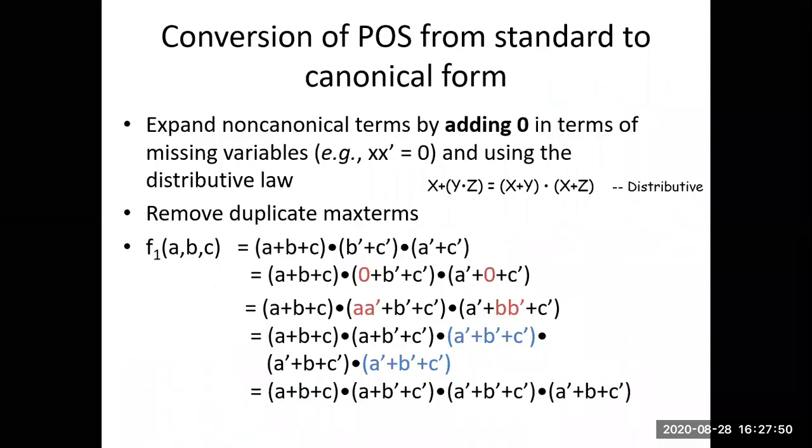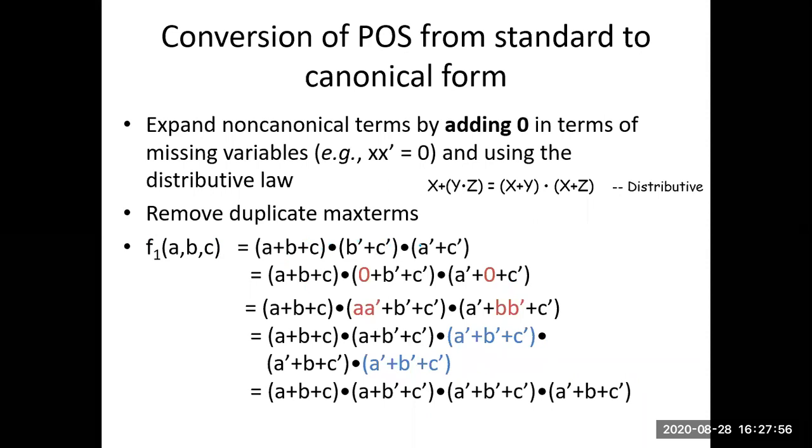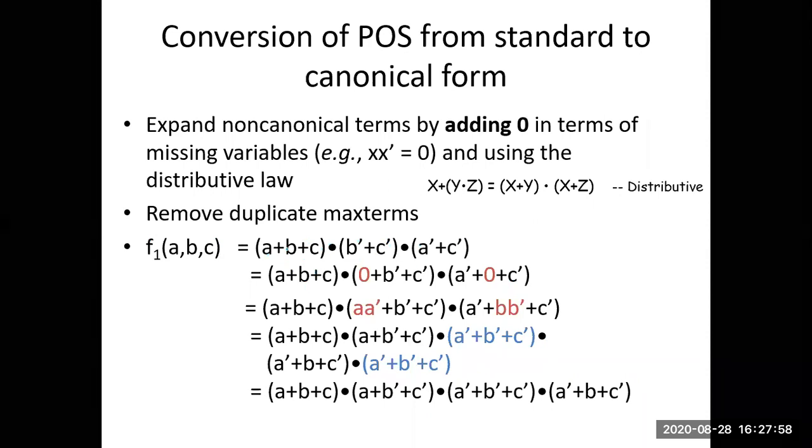Now, suppose I have a standard SOP or POS form, and I want to convert that standard POS into canonical POS. Here you need to find out which variable is missing. In this, A, B, C, all the things are there. In this sum term, A is missing.